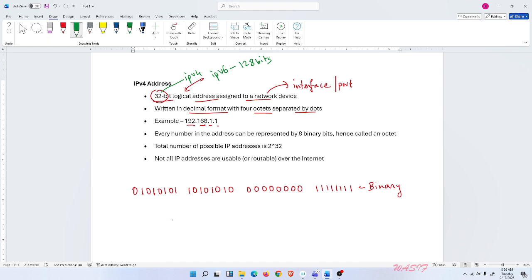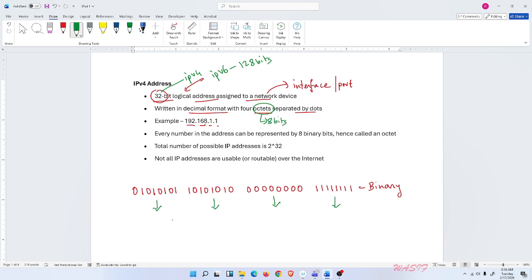However, if you convert this, it will produce a decimal. If you convert this, it will produce a decimal, and likewise for each group. And that decimal, if you look at here what it says, is 4 octets. Focus on the word octets. Octets means 8 bits.